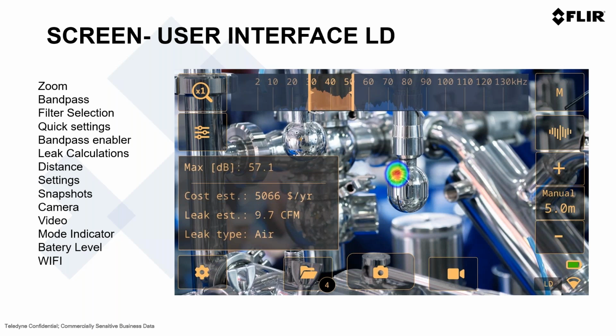On the left side, again, we have the analytics information given on the screen, and we have, in this specific case, the decibels level, so the SPL, sound pressure level of this specific leak found by the camera, and we have the cost estimation in dollars per year. In this case, you can select whatever units are fine for you, and you have here also the leak size estimation, and the leak type as a reference for yourself.